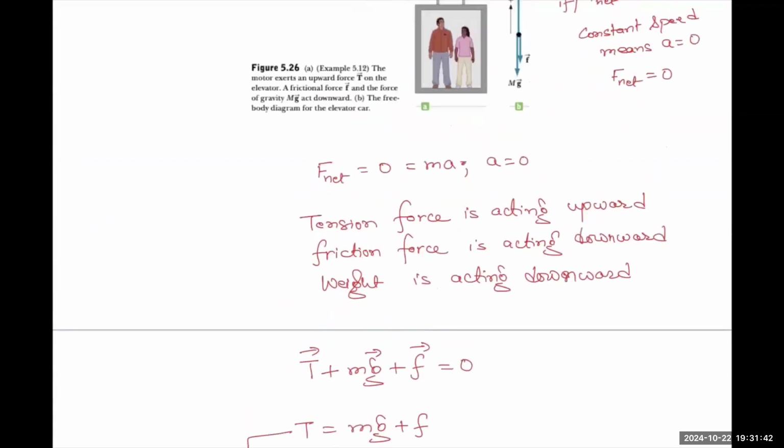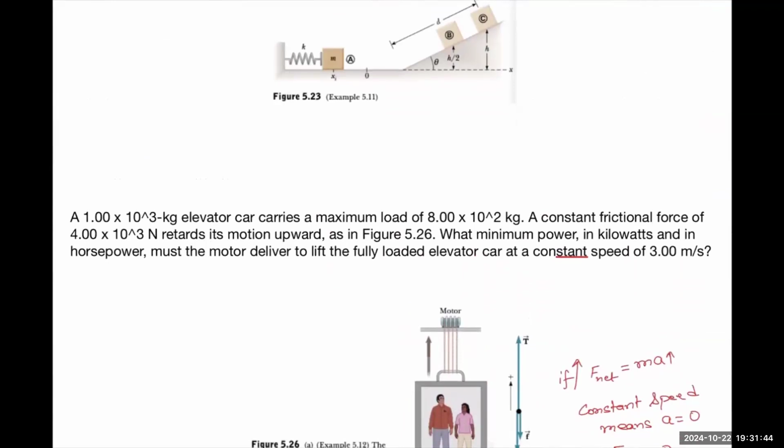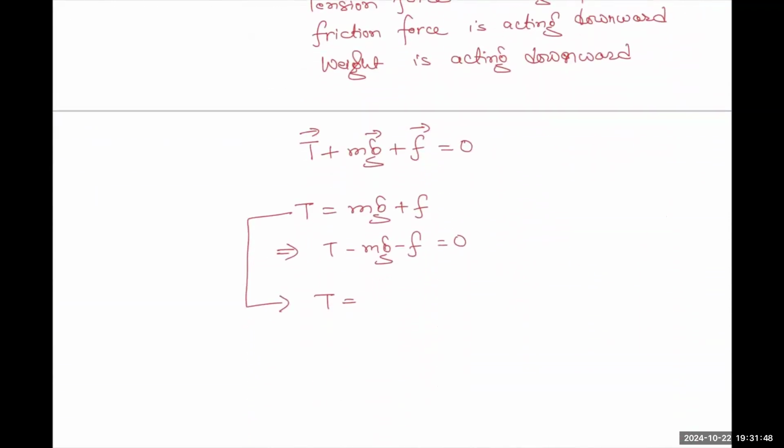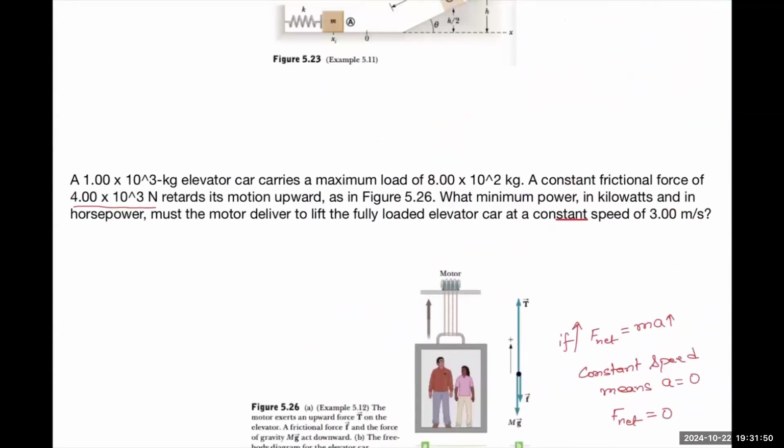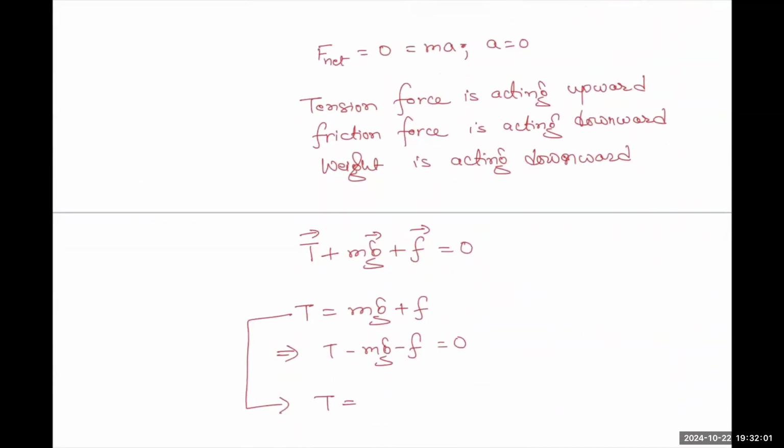So my friction force is, like it said, this one: 4 times 10 to the 3. And then the mass is 800 and 1000, so that means it is like how much? 1.8 thousand kilograms, right?